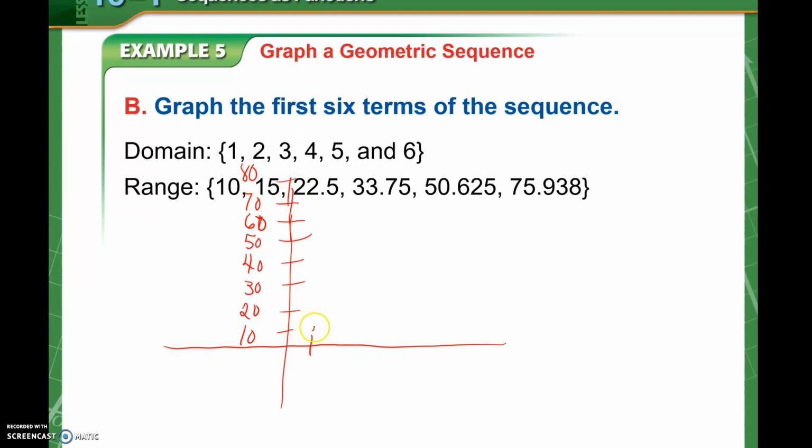So first term was 10, second term was 15, third term was 22.5, fourth term is 33.75, fifth term is 50.625, sixth term is 75. So you kind of see this curve here, and that's going to show you that this is exponential.